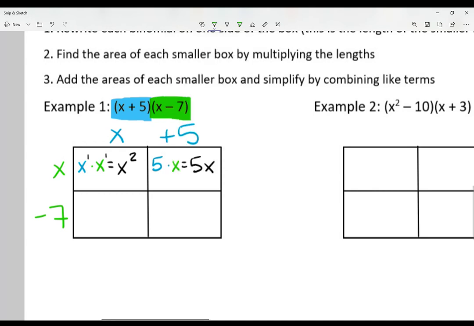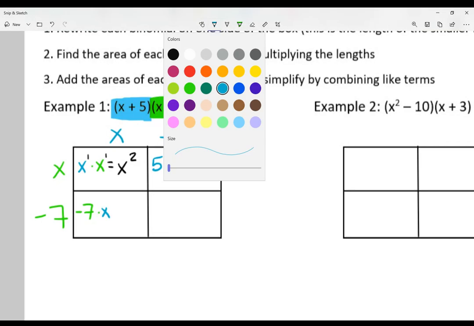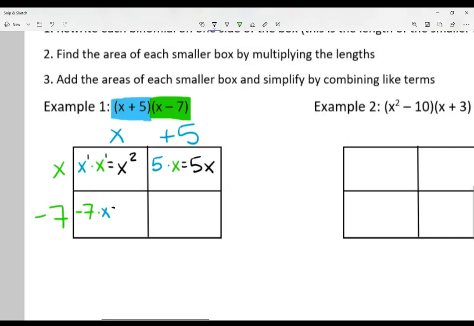In the bottom left box, we're going to do negative 7 times x. And remember, the order that you multiply does not matter because of the commutative property. We generally like the coefficient to come before the variable, so that's why I did the green term first this time. We get negative 7x.